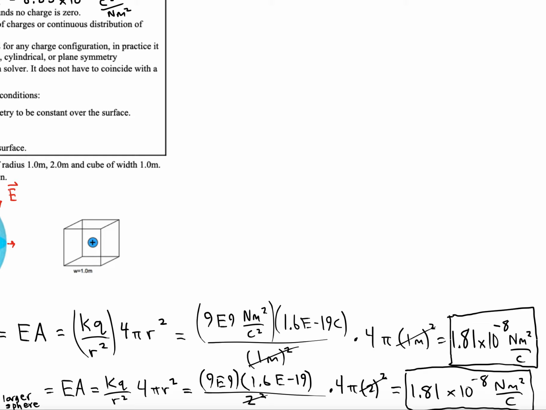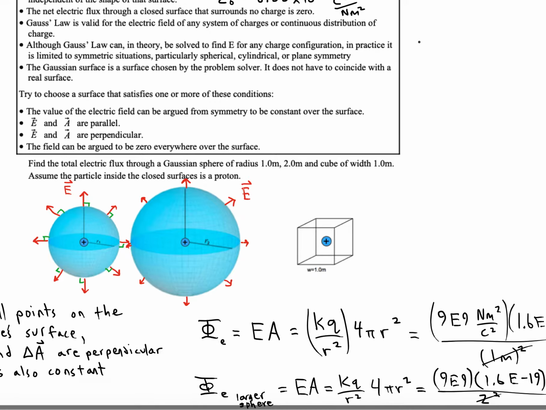So this tells us something fundamental about the way that charges propagate electric field through space. When you decrease the field and increase the area, the amount of flux still remains the same. And that's critical to Gauss's law. According to Gauss's law, the electric flux will always be equal to the charge enclosed over epsilon naught for any given surface.